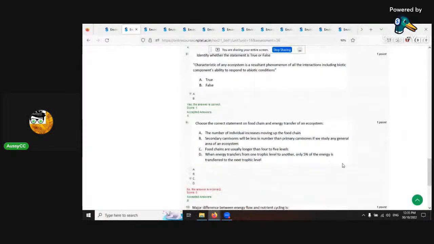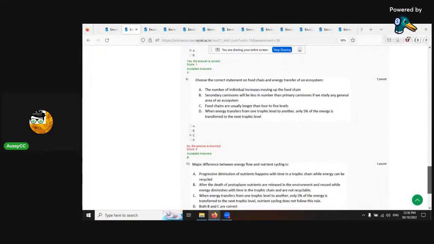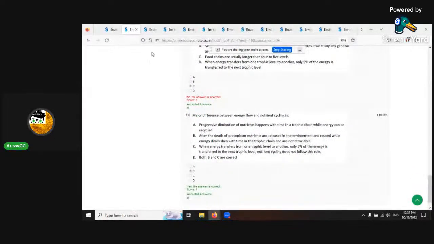No, it's B. What is the major difference between energy flow and nutrient cycling? After the death of the protoplasm, nutrients are released and reused. Yes. So B is good. Nutrient transfers from one level to the other 5%. No, you can't, it's not 5%. Both are correct? No. I'll go with B.